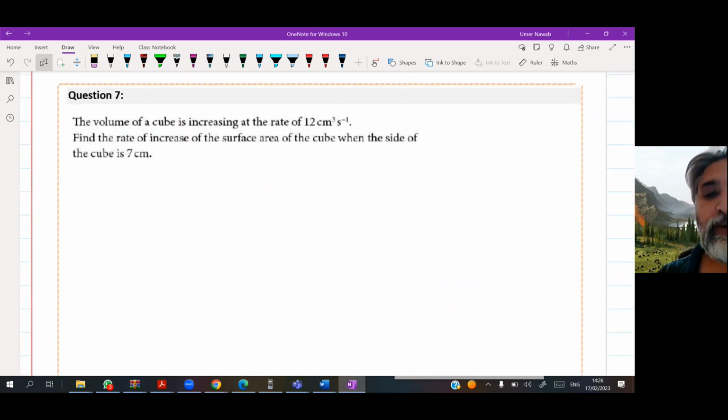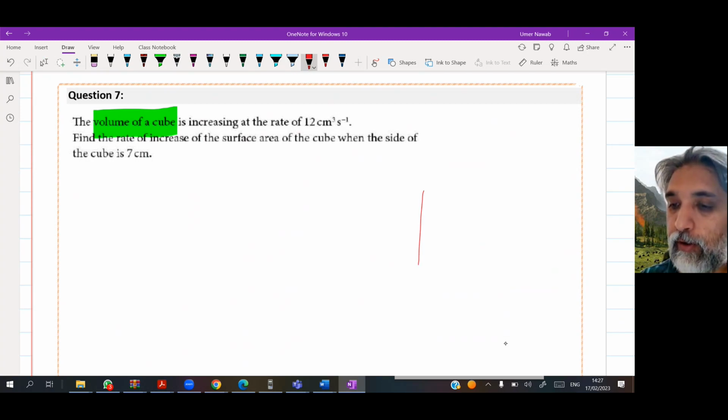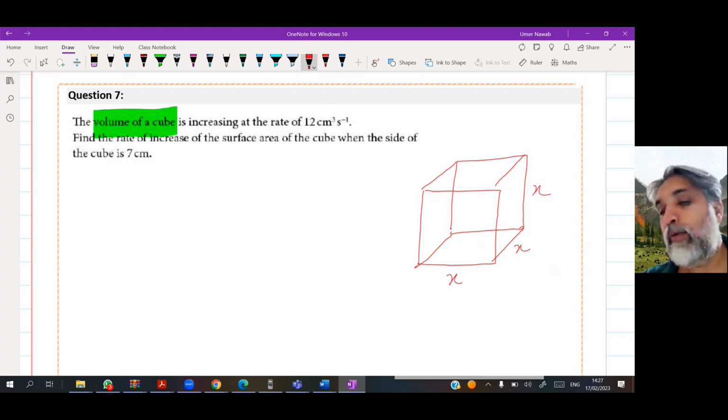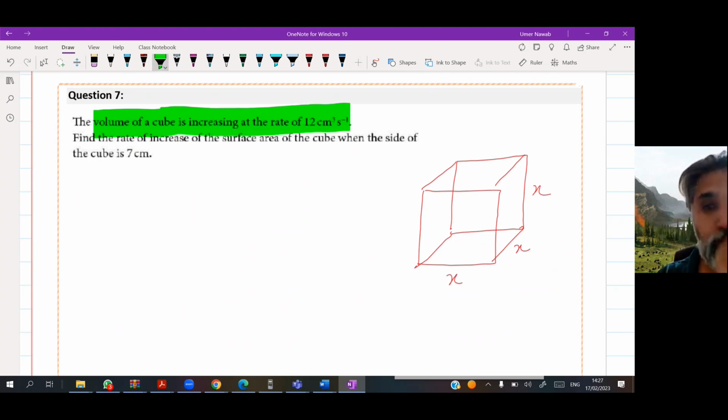Now the next question, number 7, he's talking about a cube. Volume of a cube. Let me draw a cube in front of you. The characteristic of a cube is that all the sides have the same dimension, length and width are the same. He's talking about volume. The volume rate is given to us, dV over dt.